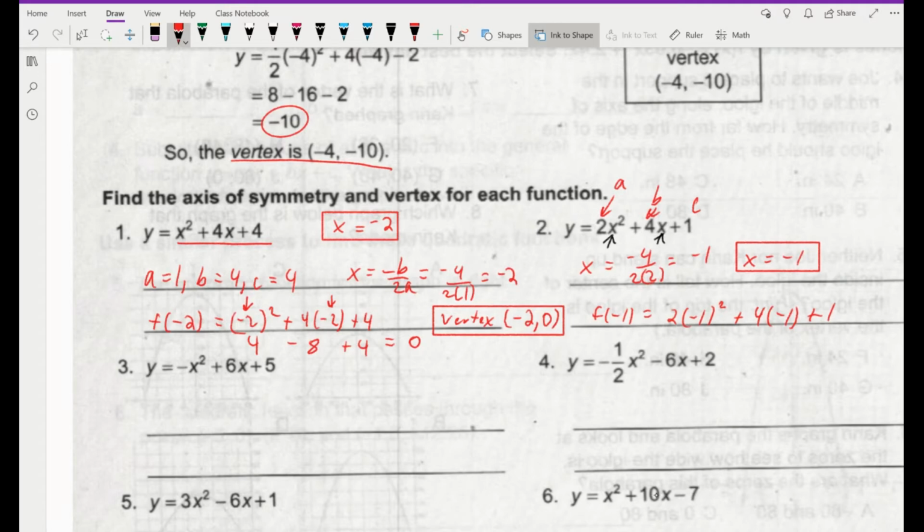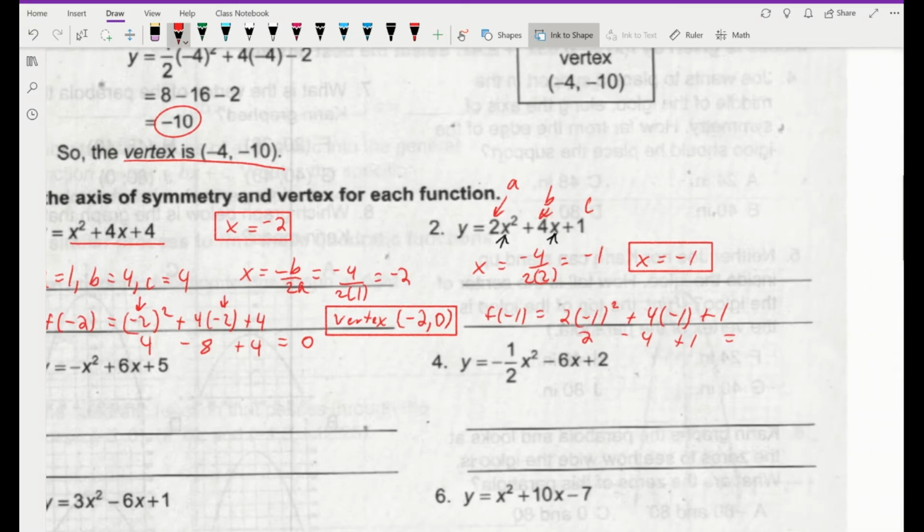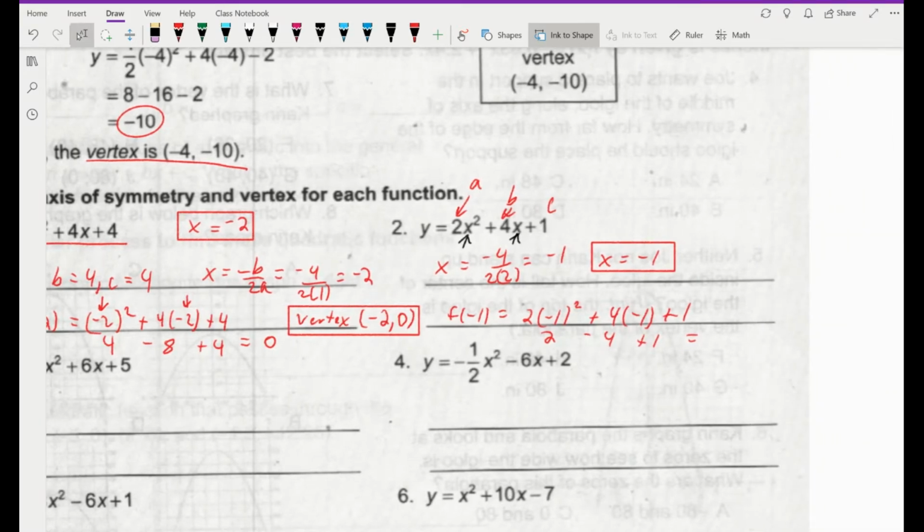We do the math: 2 times negative 1 squared is a positive 2, minus 4, plus 1. 2 minus 4 plus 1 is a negative 1. So the vertex is going to be negative 1, comma, negative 1.